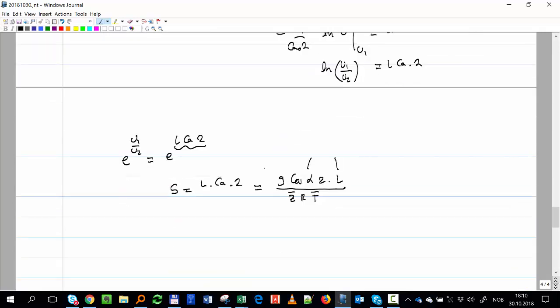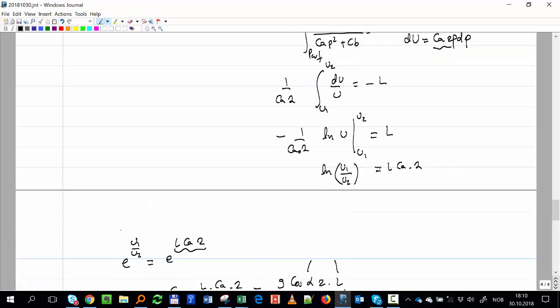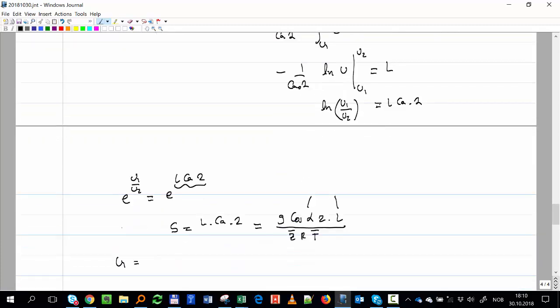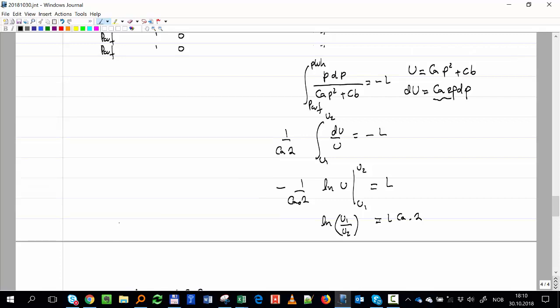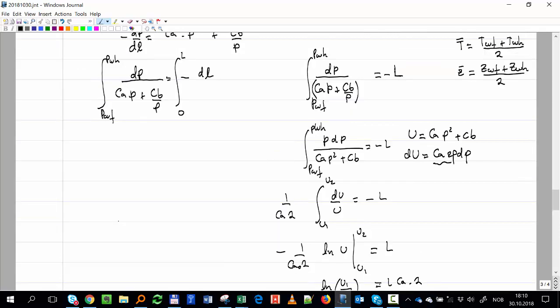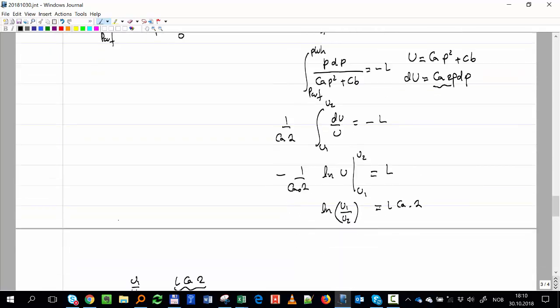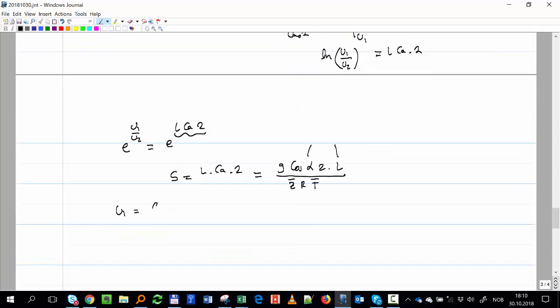So U1 was at the inlet of the tubing, right? CA PWF squared plus CB, right?